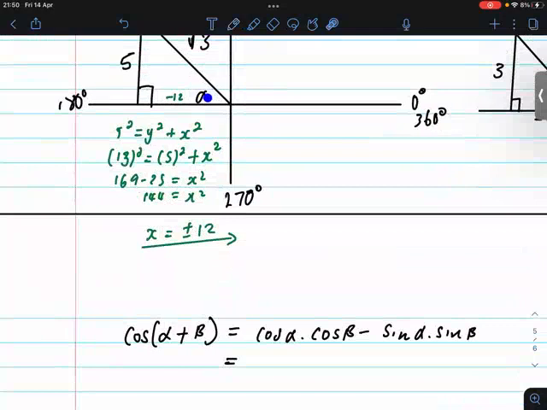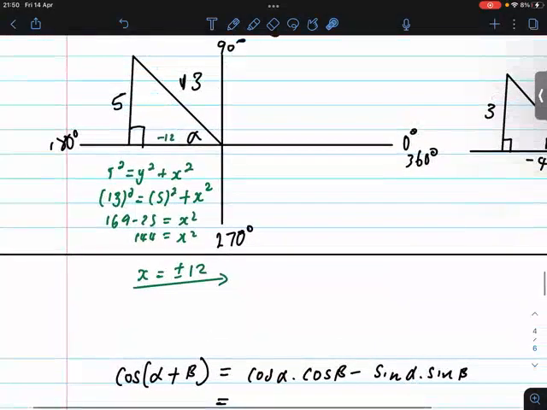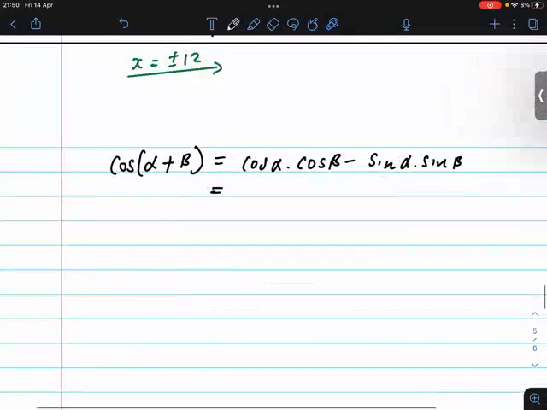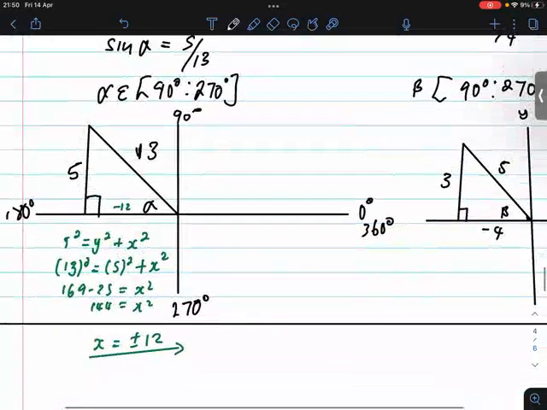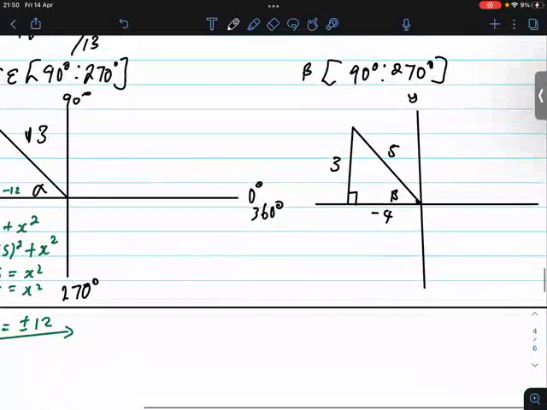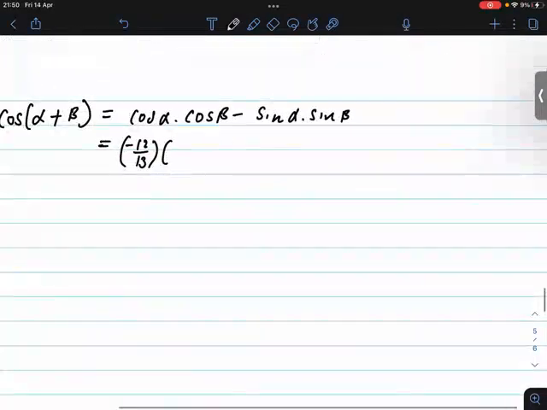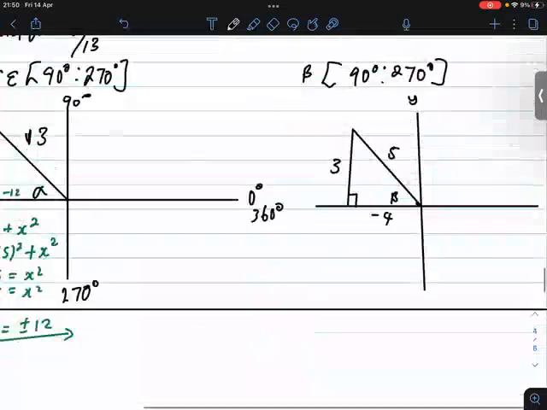What is the adjacent of alpha here, Karabo? Negative 12. So that would be negative 12 over 13 because it's adjacent over hypotenuse. And then cos beta is from this triangle. That is negative 4 over 5, agree? Yes. Negative 4 over 5.